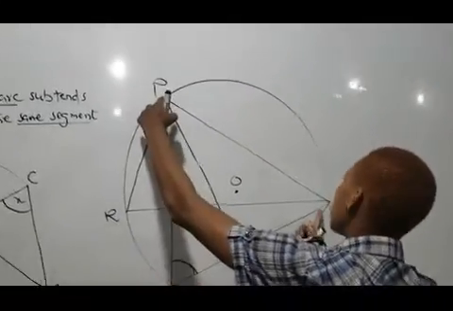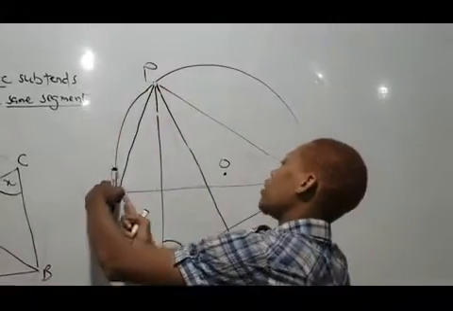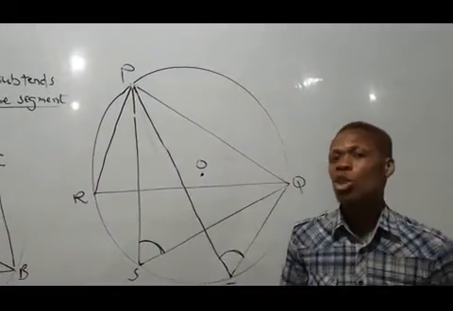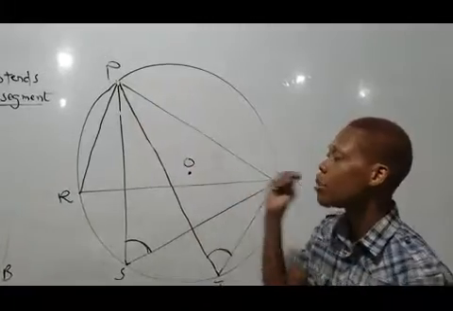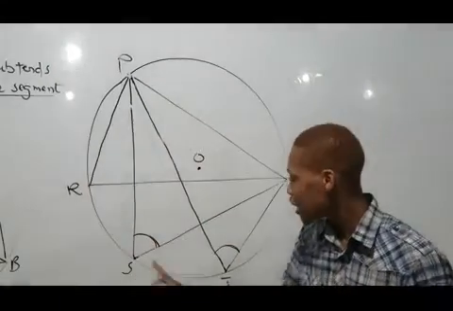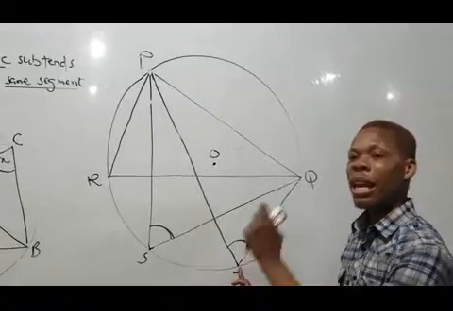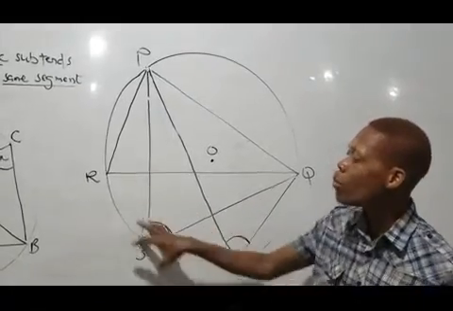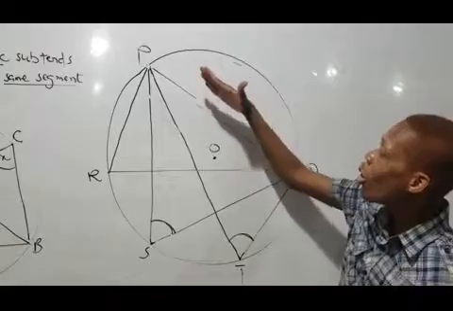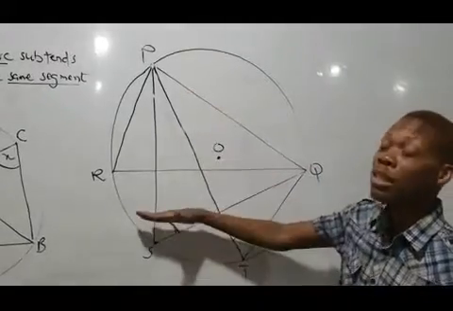Again, the same PQ is subtending angle R also at the circumference. So you realize that chord PQ is subtending three angles: angle R, angle S, and angle T. And they are all subtended at the circumference of the circle, and they are all in the same segment, in this segment.